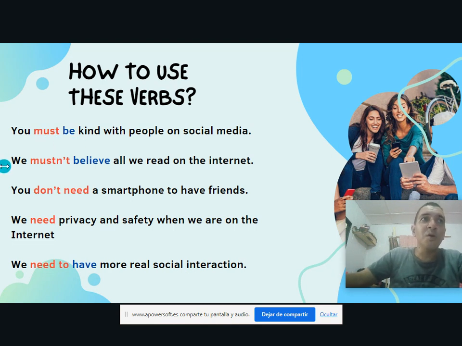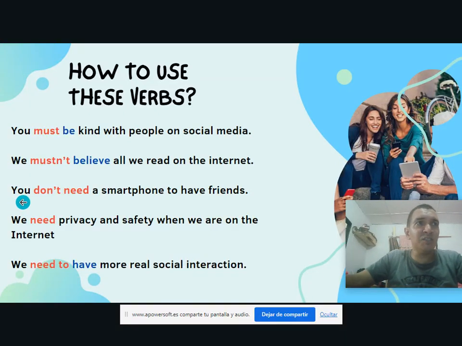Okay, the second, we mustn't believe all we read on the internet. Must and mustn't are modal verbs, and when we use modal verbs, we use a verb in infinitive form after them. Be and believe in these cases are in infinitive form. Okay?